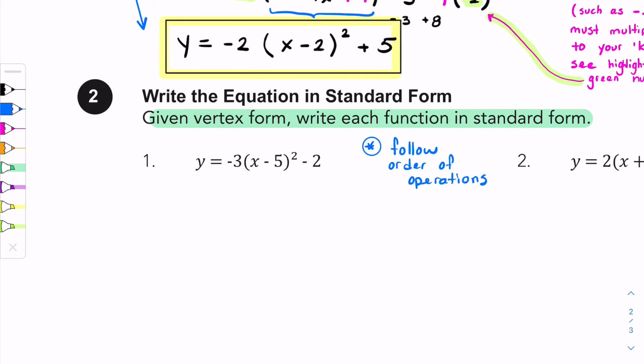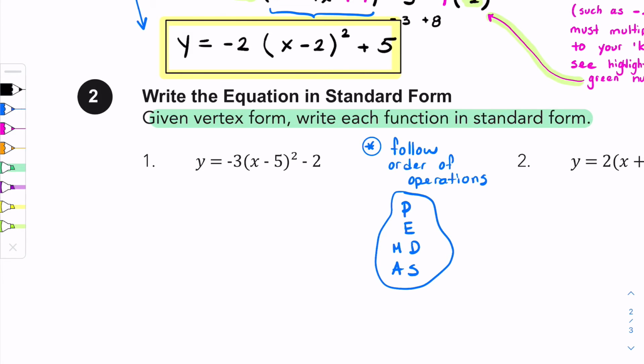So order of operations is parentheses, exponents, multiplication and division at the same time, depending on which one comes first, and then addition and subtraction, again, depending on which one comes first. So you need to follow the order of operations and multiply these expressions out.